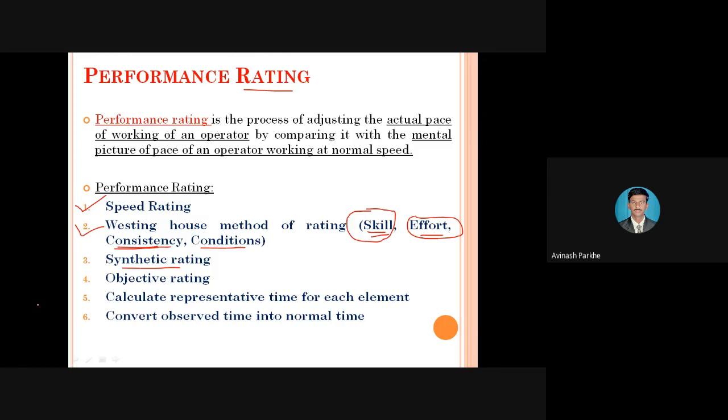Before starting the machine or the work, we go for the analysis, thinking in our mind: if I have to complete this task, I have to travel from this distance to that distance, and complete this work in this much time. Based on that concept, this third method is defined, which is called synthetic rating.